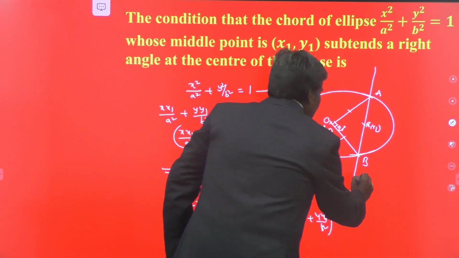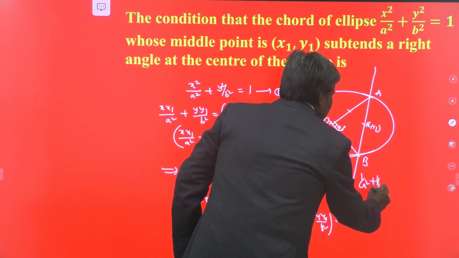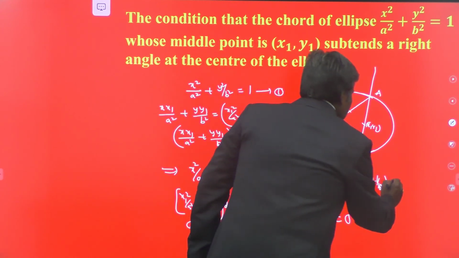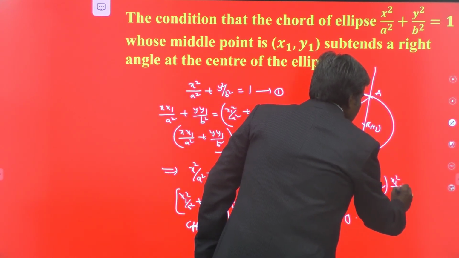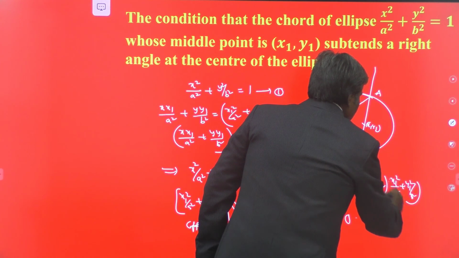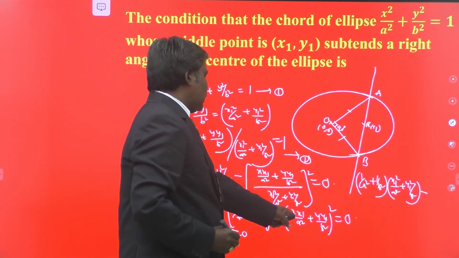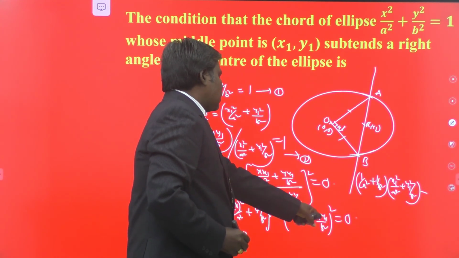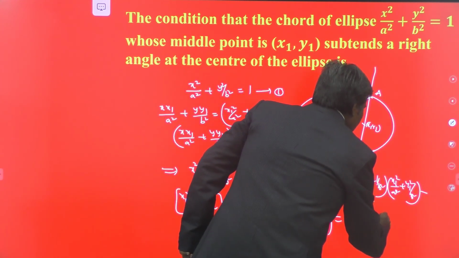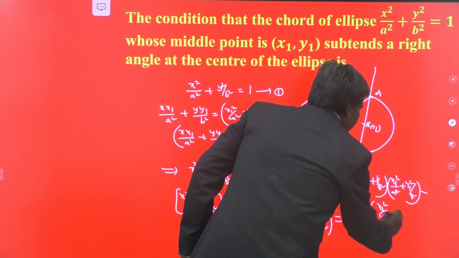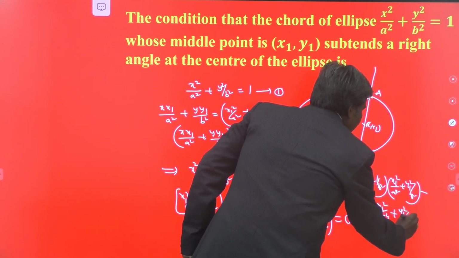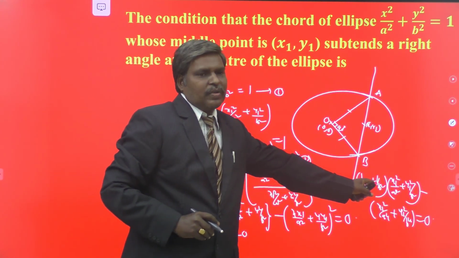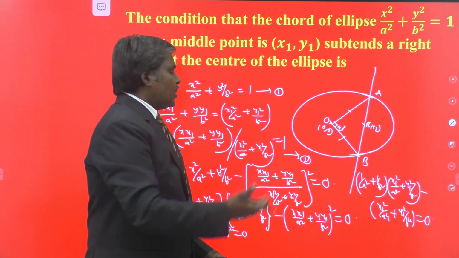So we have (1/a² + 1/b²)(x1²/a² + y1²/b²) minus, what is the x² coefficient here, x1²/a⁴, and y1²/b⁴, that is minus (x1²/a⁴ + y1²/b⁴) = 0. So this is the entire coefficient of x² plus coefficient of y², that one equals 0.